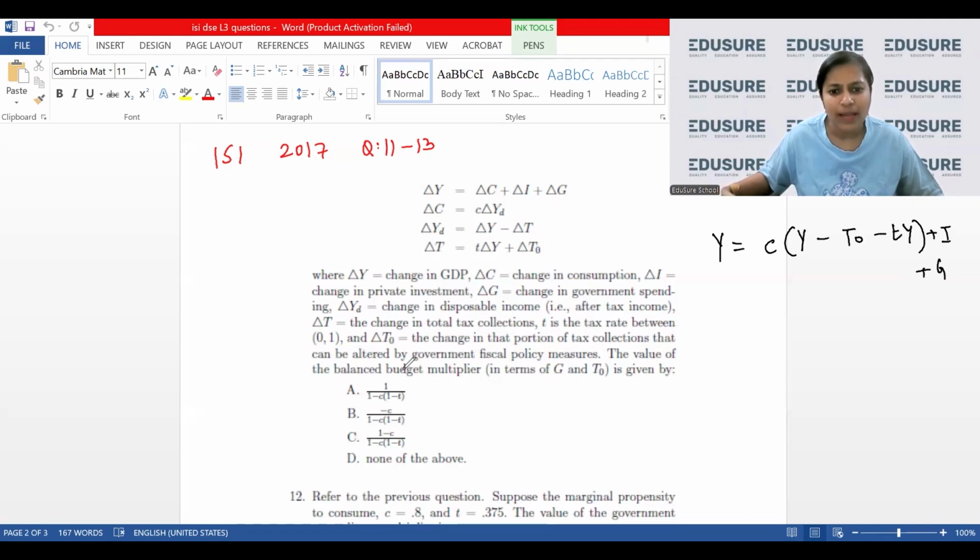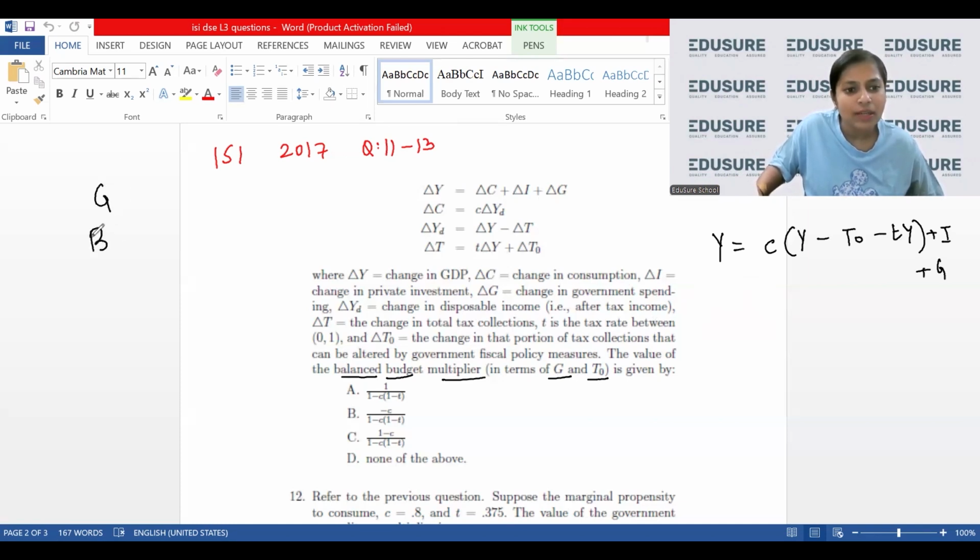The value of the balanced budget multiplier in terms of G and t naught is given by. Now, we have to find the value of the balanced budget multiplier in terms of G and t naught. So what do we mean by in terms of G and t naught? Balanced budget basically means G is equal to T, right?